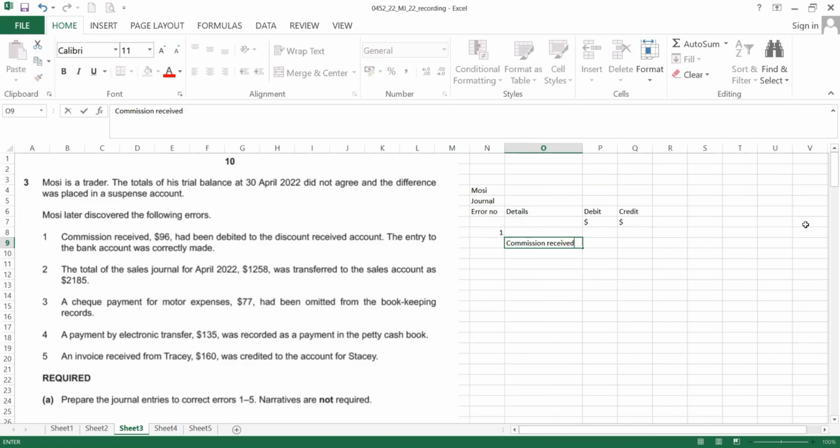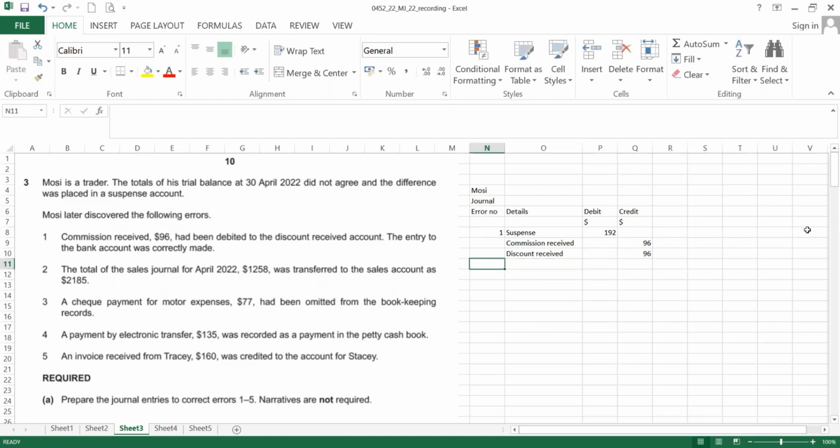Commission received omitted should be 96, and also discount received wrongly debited. So we have to reverse out the amount 96, so the amount becomes double. So 96 times 2. So this is a one-sided error, suspense account coming in.